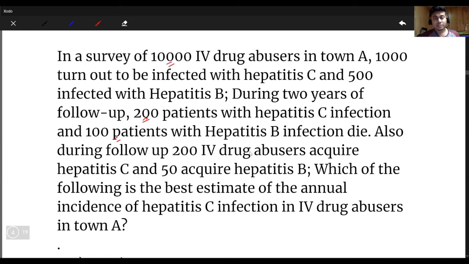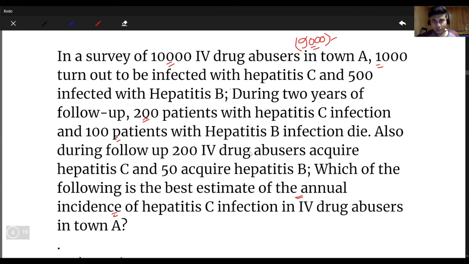Out of these 10,000 people, already you have 9,000 people who are at risk, and out of that 9,000, another 300 is discarded. So, people at risk in this 2-year period, because it is not so clear, because they are asking about annual incidence, 1 year of incidence.